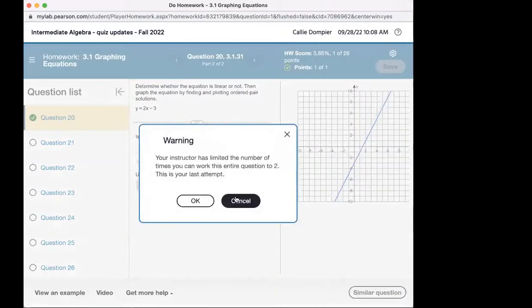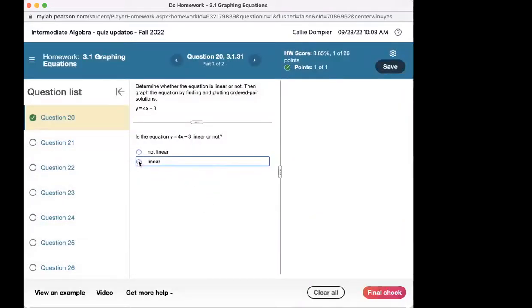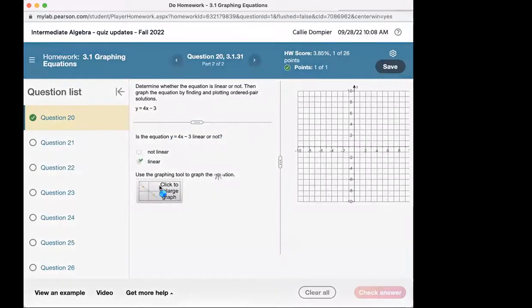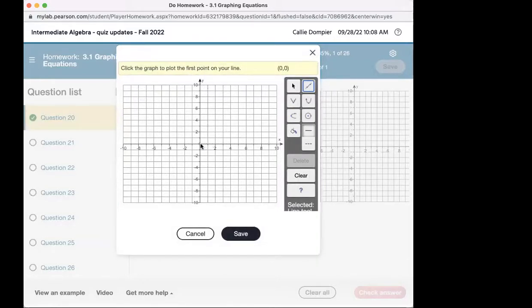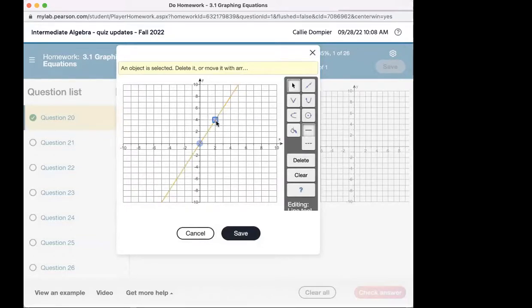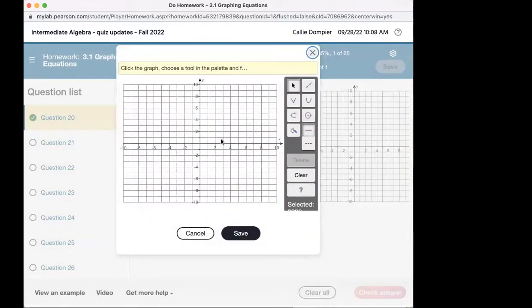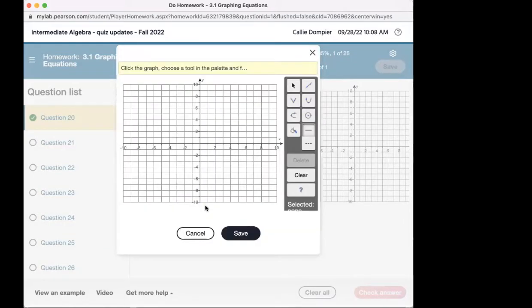Okay, if you want to try a similar question. All right, last attempt. This is still linear because I know it's a line. And if I wanted to graph a line through 0, 0, and then through 2, 4. You can also clear your line, clear all objects, or make a line, delete just the selected object.